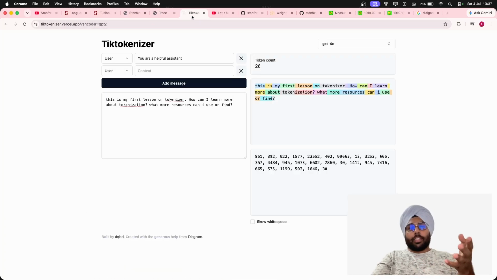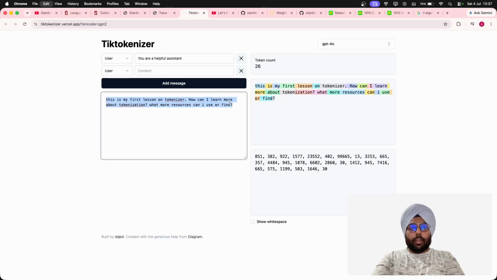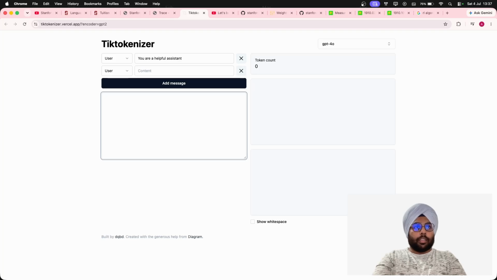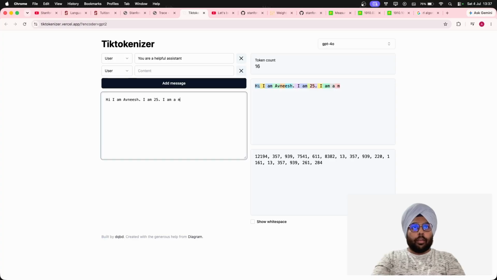And there is one more thing, which is tokenization and how that works. You can see how I can write again: I am Avnish, now I am 25, now I am a mechanical engineer.